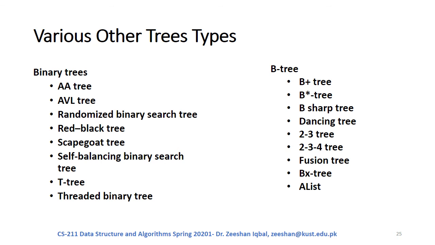And in the B trees, there are B plus tree, B star tree, B sharp tree, dancing tree, 2-3 tree, 2-3-4 tree, fusion tree, and others. That can be searched on Google.